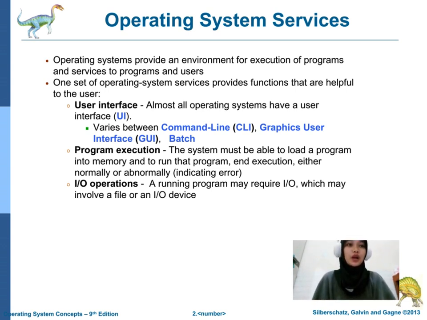One type of interface is the command line interface, which we usually call CLI, and then the GUI, or graphical user interface. For example, for command line there is Unix, or here in Windows we can use the command prompt, or CMD.